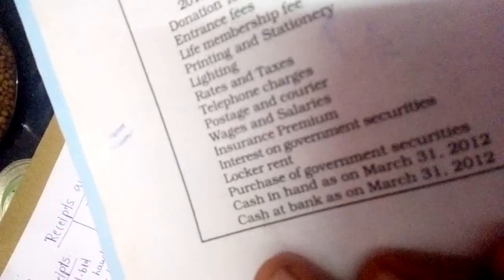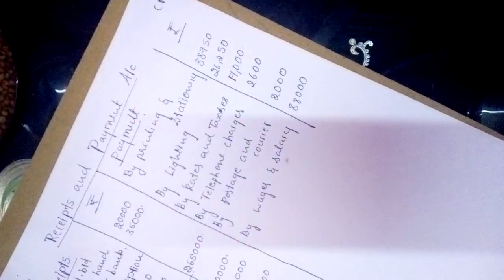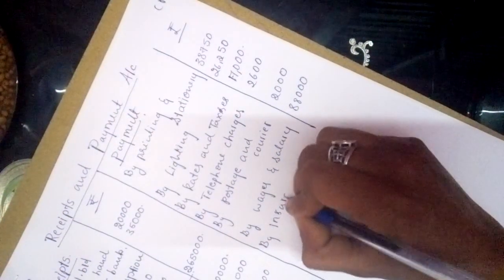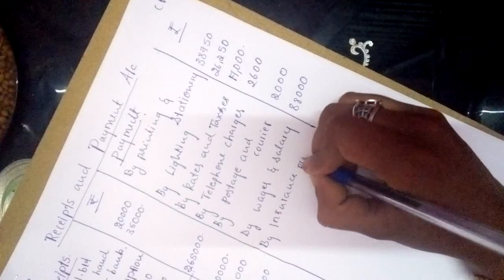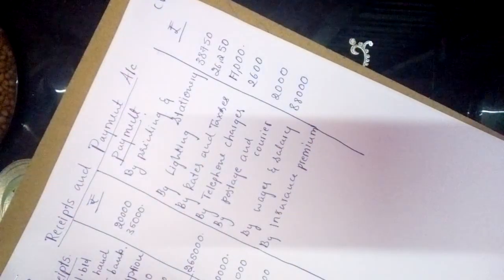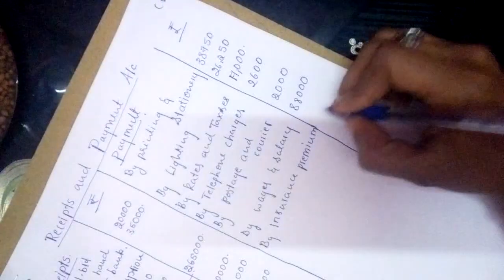Next item, insurance premium. Insurance premium is also a payment by insurance premium amounting to rupees 15,000.